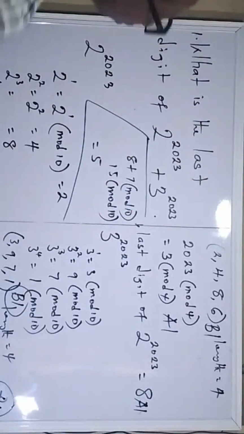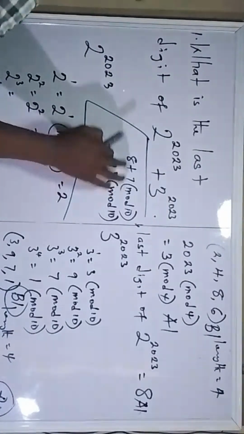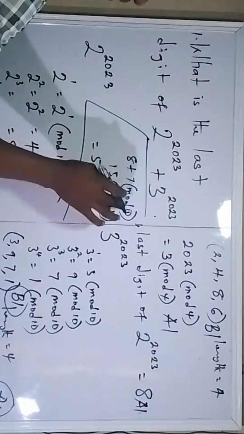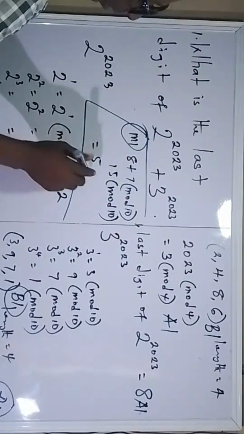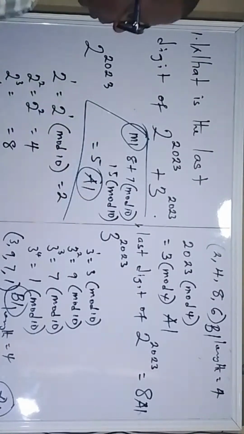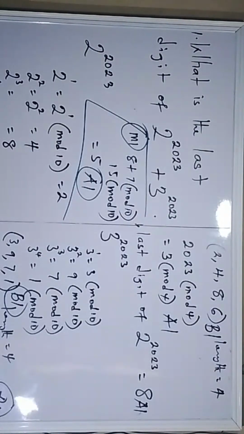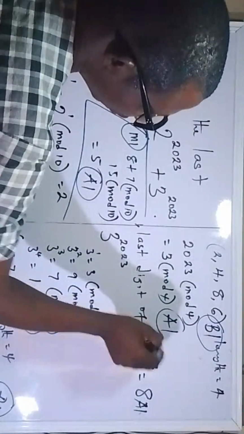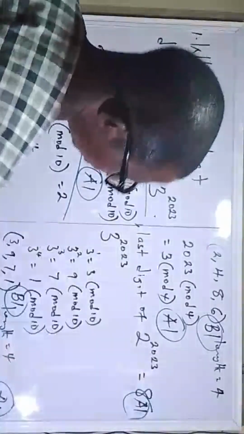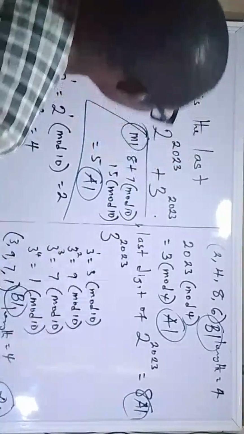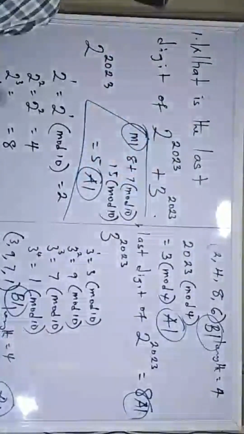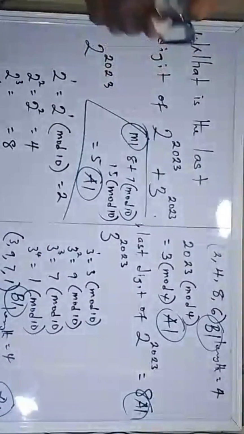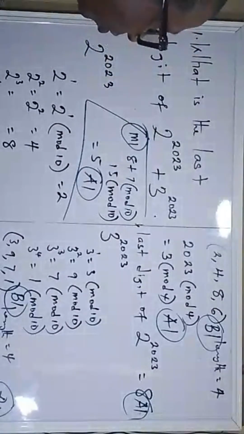For adding the last digits together in mod 10, M1, it must be in mod 10. And for getting the answer, A1. So the total mark for this question will be 1, 2, 3, 4, 5, 6, 7. So 7 marks. If you need to copy the solution, I'll give you a few seconds. So we move to the next question.